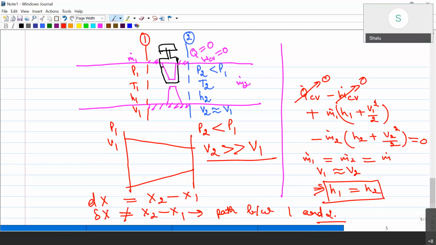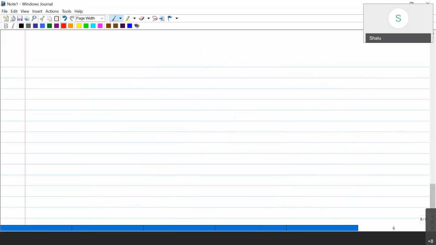So, in the throttling process, you have derived H1 is equal to H2. Yes. H is equal to U plus PV, and in the lecture you told that U1 plus P1 V1 is equal to U2 plus P2 V2. And sir, if pressure is decreasing, the specific volume will increase. Yes, correct.